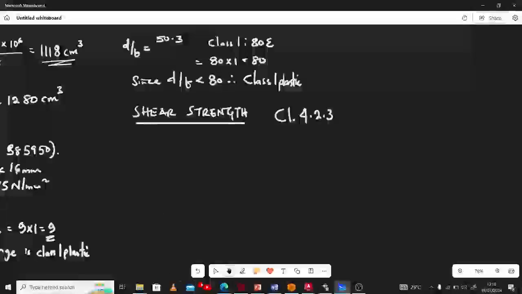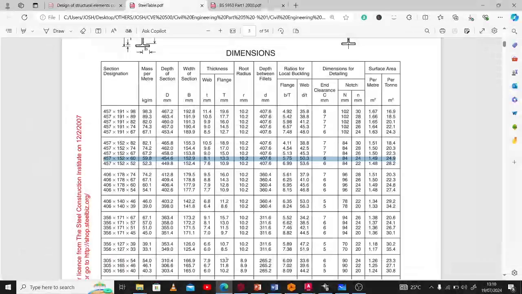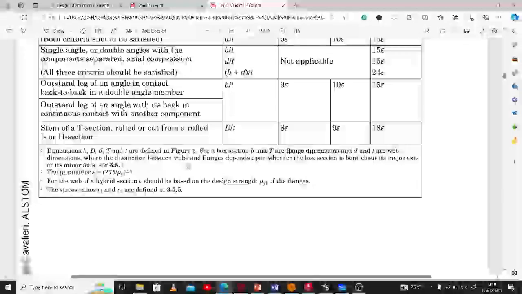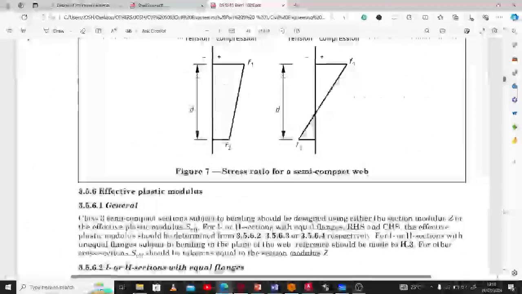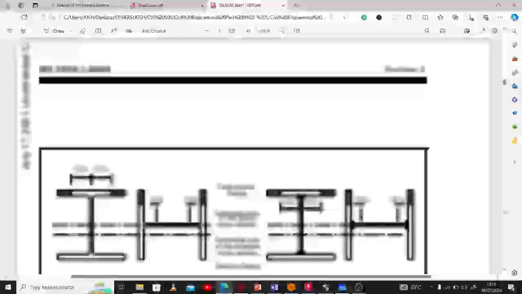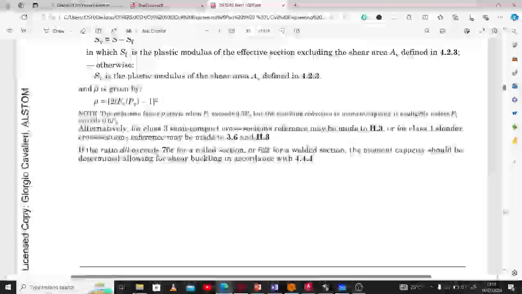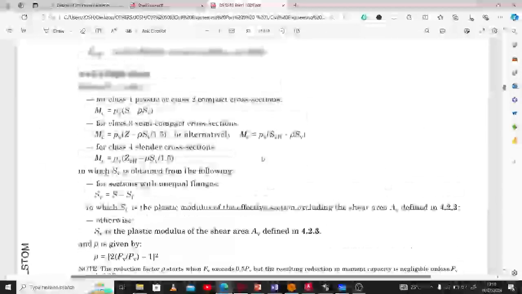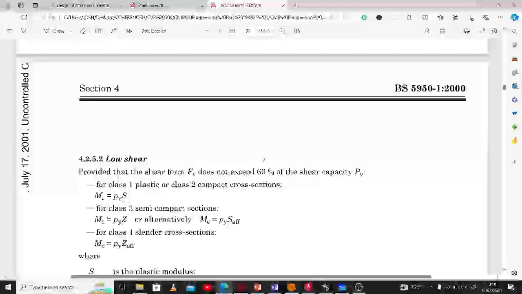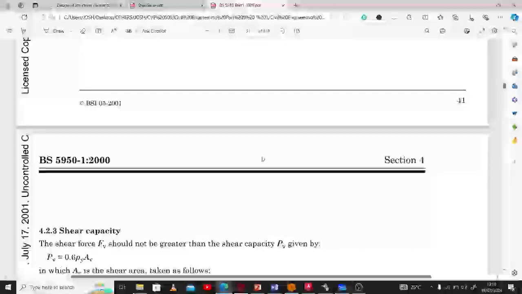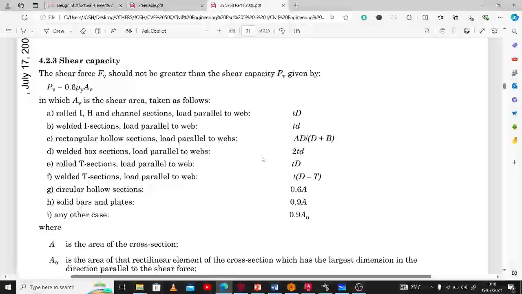All right, and what does it say? Let's look for that. Okay, I think I found it. 4.2.3. Yes, it speaks of shear capacity.